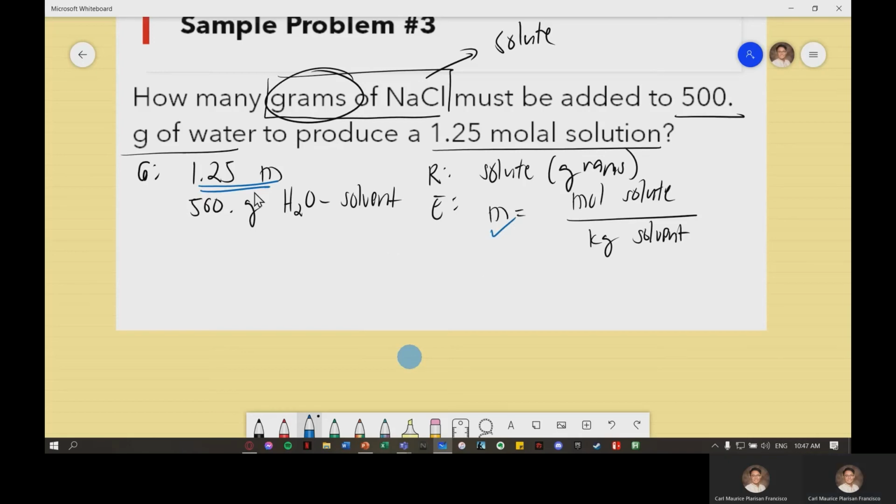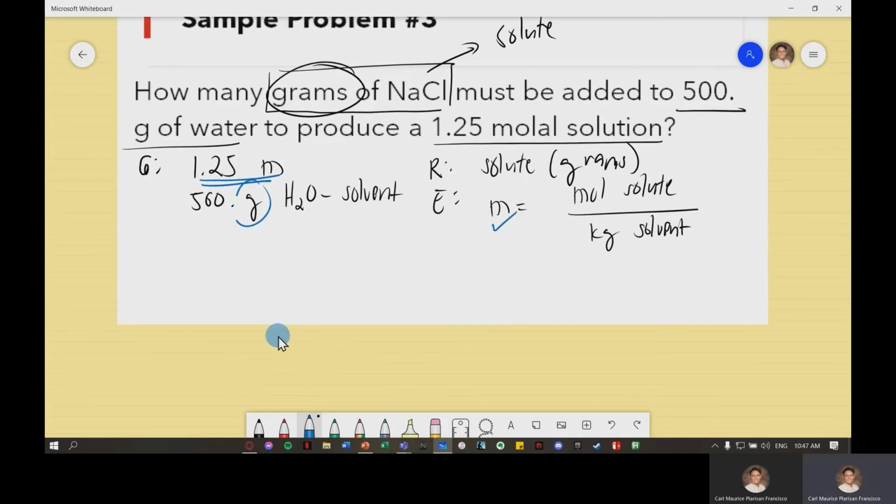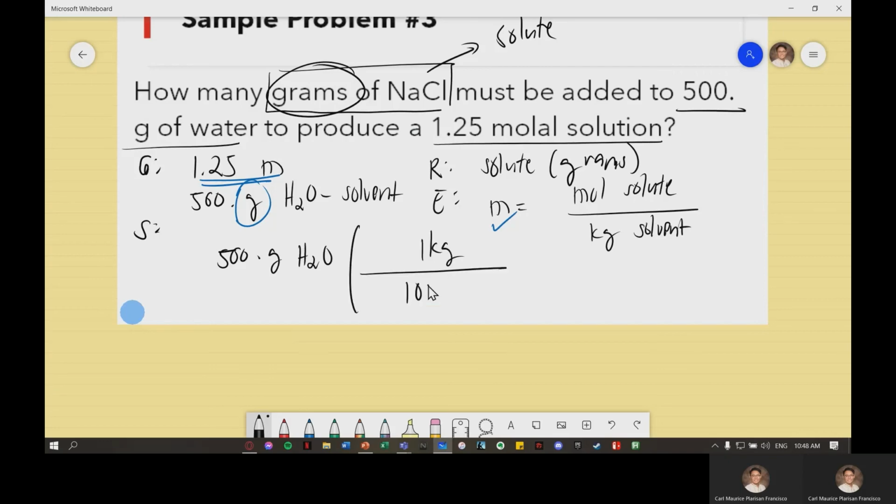However, your solvent is not yet okay because the problem requires that the solvent should be in kilograms. So convert 500 grams into kilograms. Gram will be cancelled. We shall have 0.500 kilogram. So now my solvent is okay.